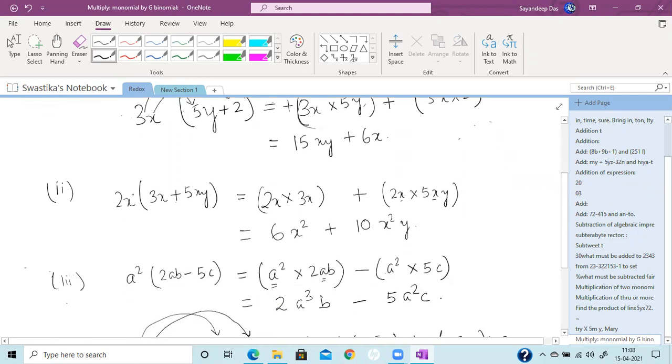Similarly, you multiply the terms like this, first these two and then these two. So this is the process by which we can multiply a monomial by a binomial.